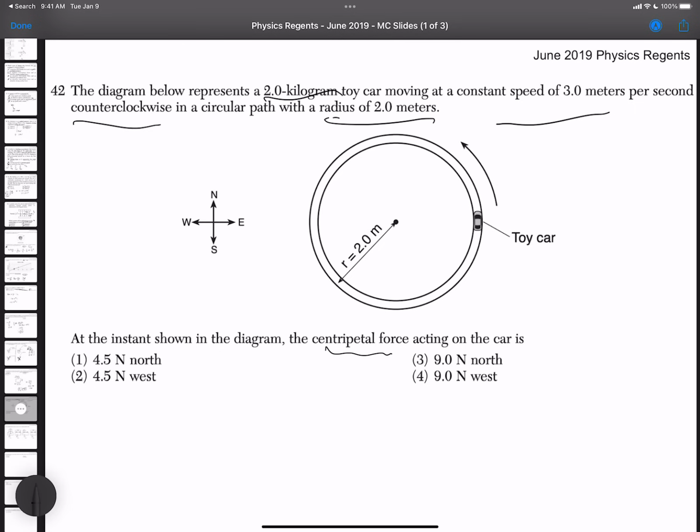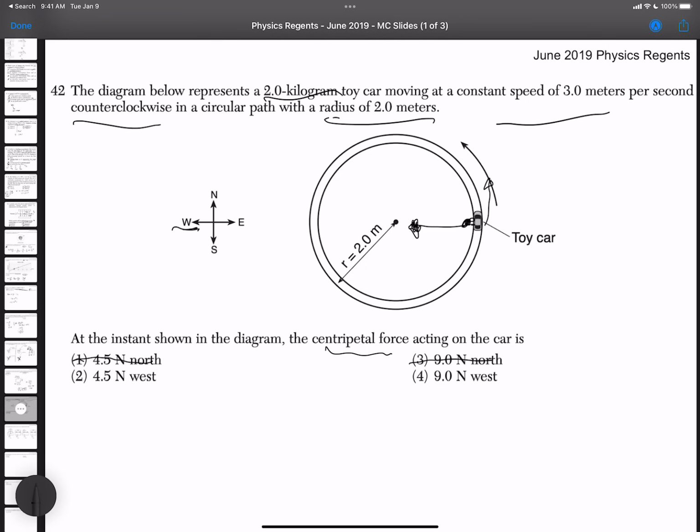It always points towards the center of the circle. So if our toy car is located on the right side here, traveling north, then the centripetal force and acceleration pointing towards the center are pointing west. So let's go ahead and cross out choice 1 and cross out choice 3.